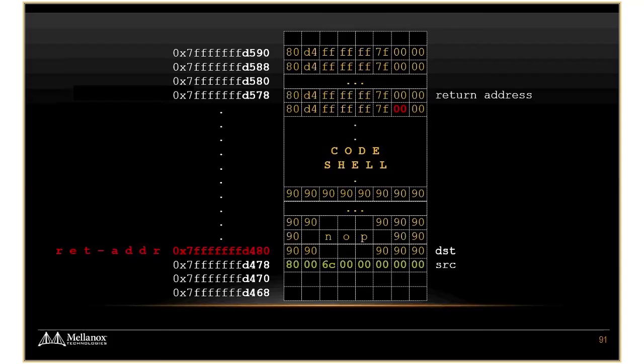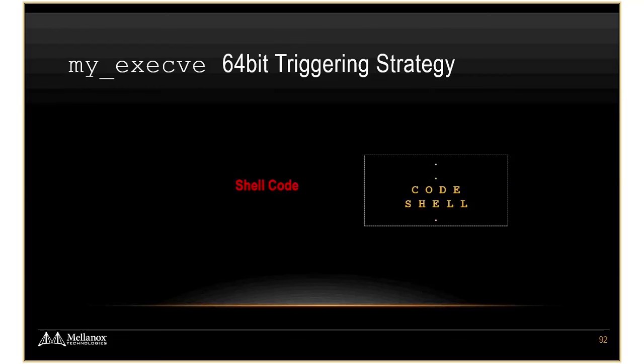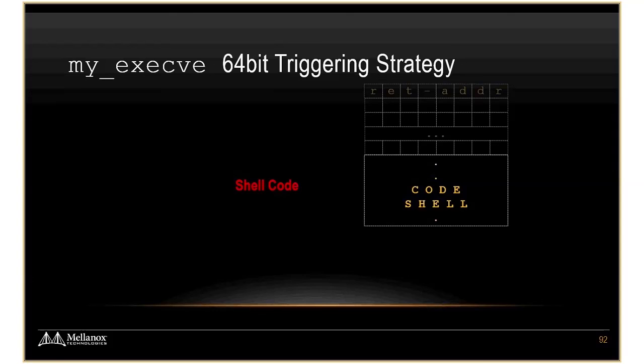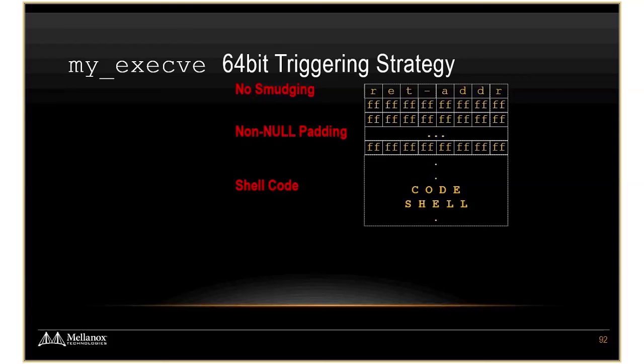If these are my return addresses, you can see that I'm not going to be able to overwrite the return address. The first zero I hit will stop the overwriting. So what's going to be the new strategy with a 64-bit system? I'm going to have to be more accurate, and I'm going to have to hit the return address exactly, and I will not be able to do smudging.